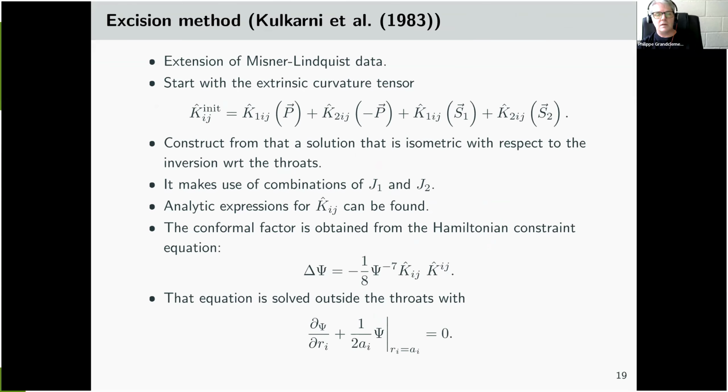People also try to play the same game, essentially, but apply that to the Misner-Lindquist data. So the idea is to start from the same kind of expression for the extrinsic curvature tensor. But once again, you want to be sure in that case that when you transform your upper sheet into the lower one, you get only one expression.